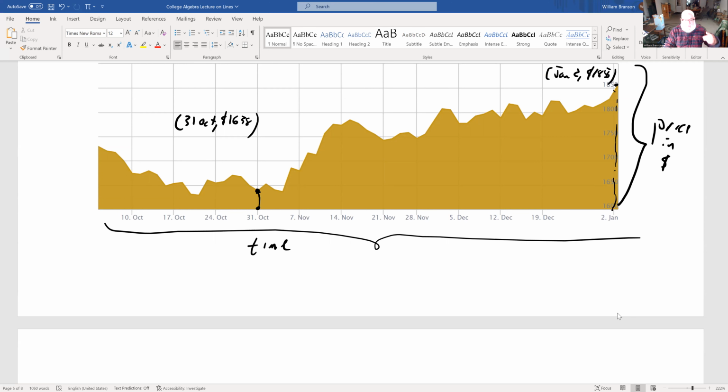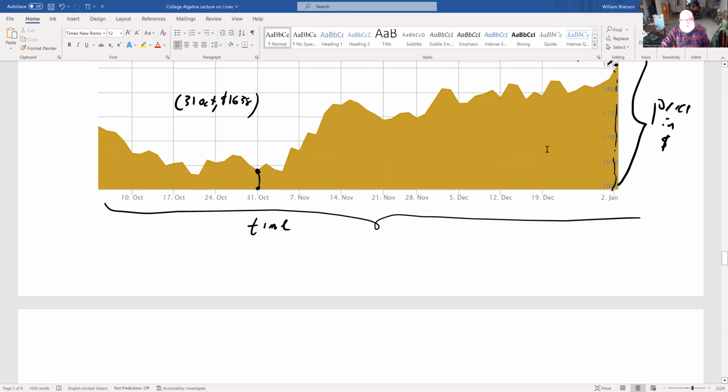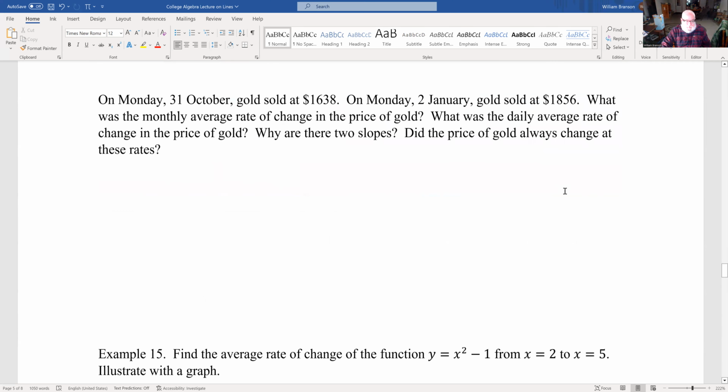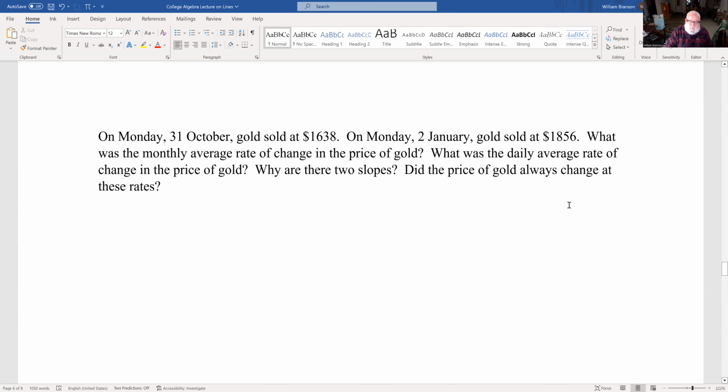So what was the average rate of change? In 2 months, it went from 1638 to 1856. What was the average rate of change per month? So, monthly average rate of change. Change in time is 2 months because we go from the end of October, so November, December to the beginning of January, that's 2 months. Change in price, so delta P, is what?